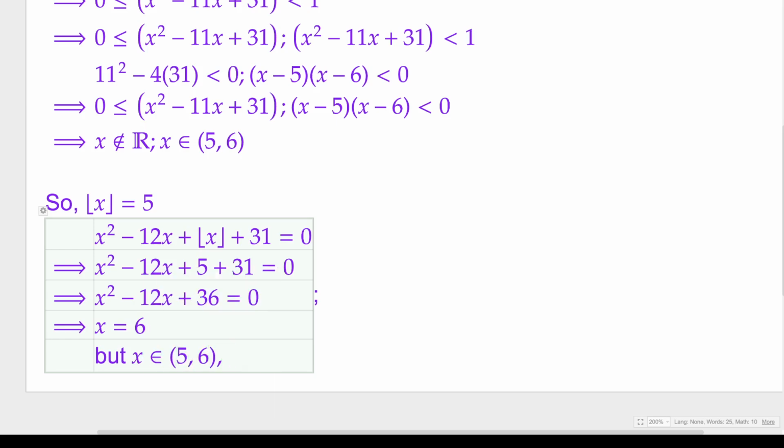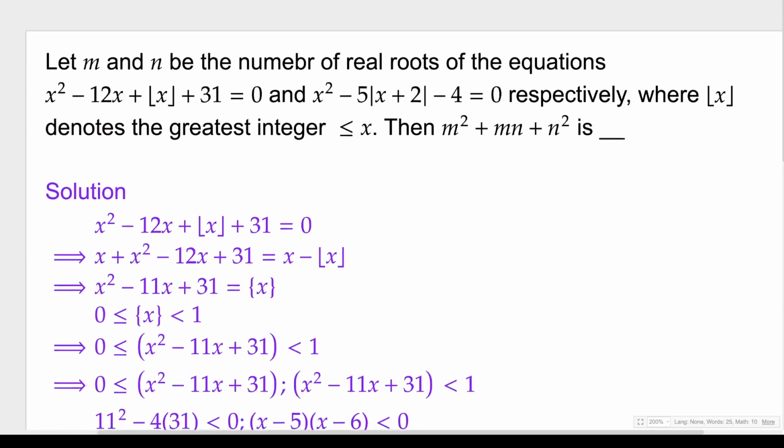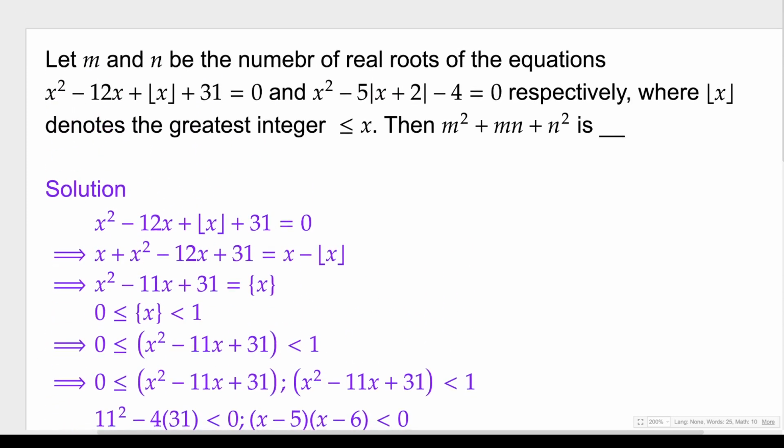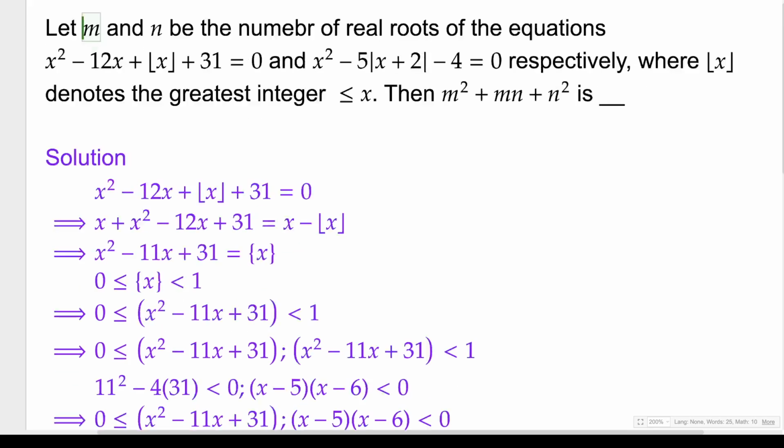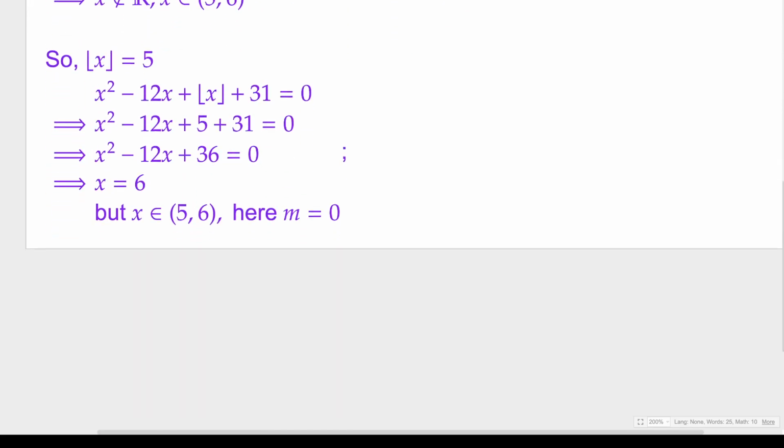So in this case we can definitely state that m is equal to 0. The number of real roots for this first equation is represented as m, so m is equal to 0, because this 6 is not acceptable, since 6 is not included here. Therefore the count of real roots for this particular equation is 0.